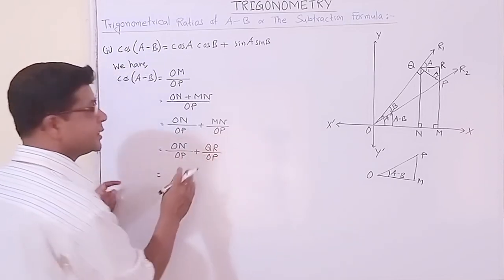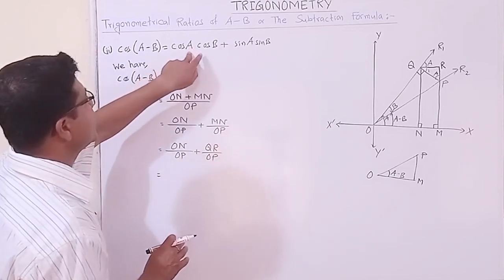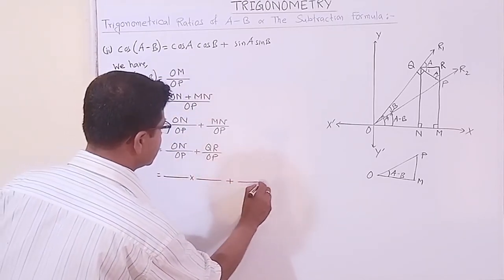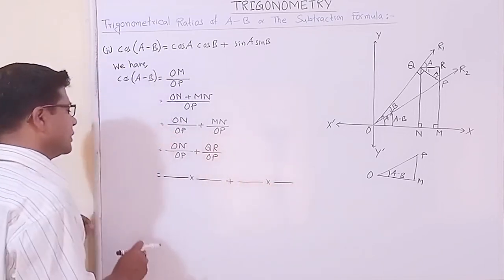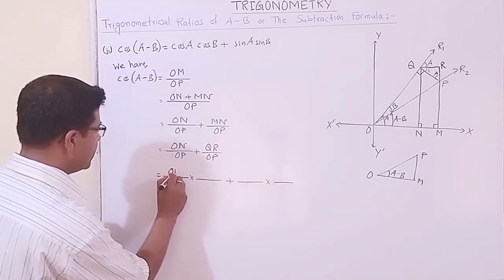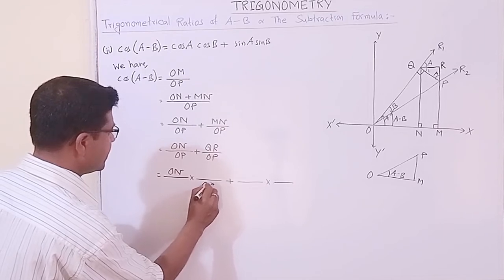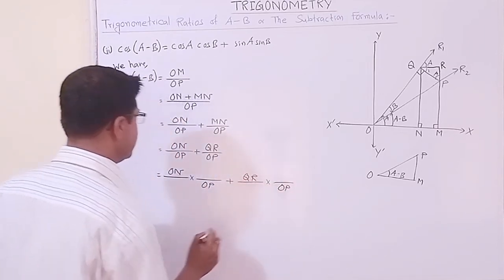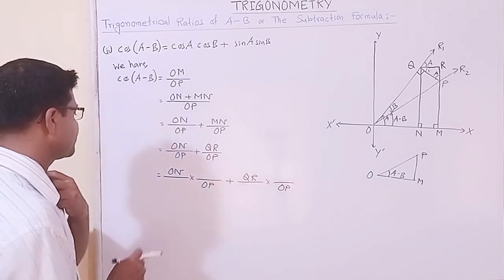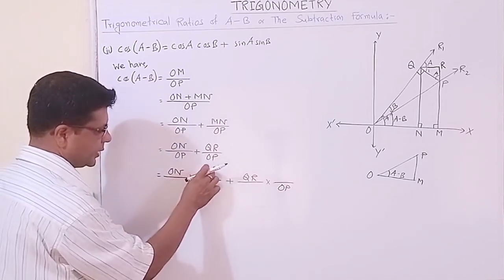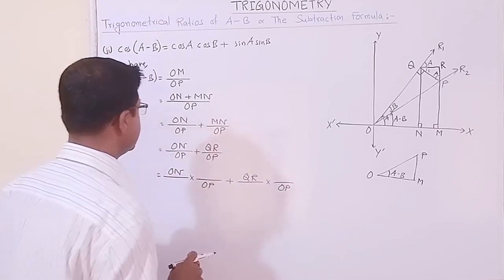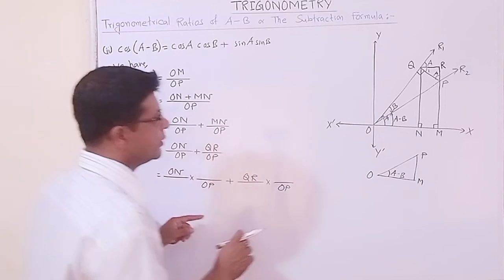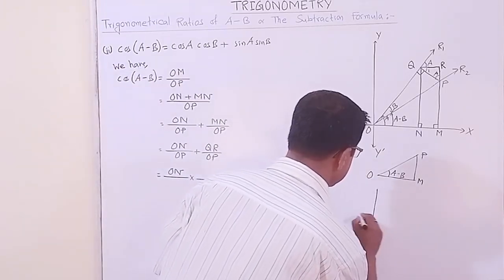Now what is the next thing? Next thing is that we'll make ratios. There will be two ratios, this into this plus another ratio into another ratio. So here what will be there? ON, and this is our format, we are very much familiar with it now. Same side we have to put here also. At first we have to put cos of A. Now ON, let me draw the triangle.